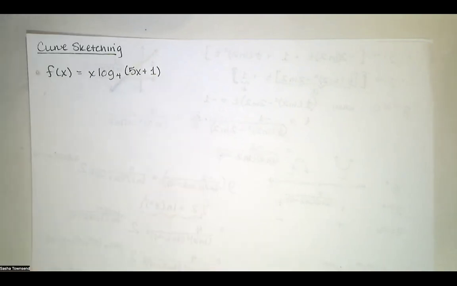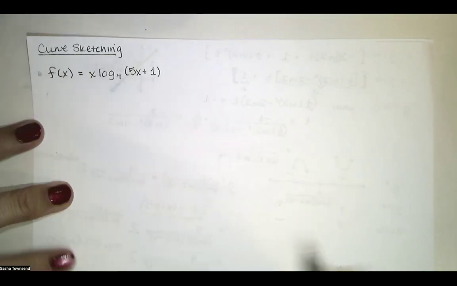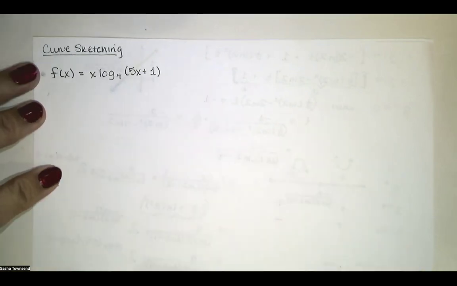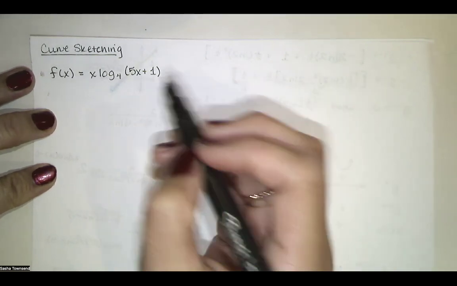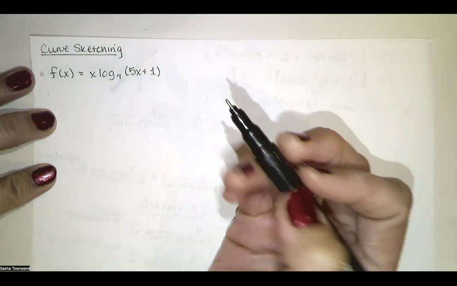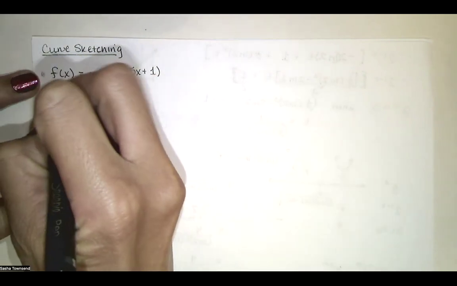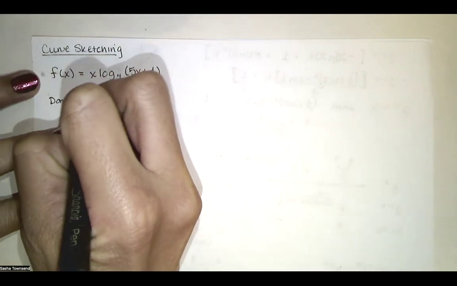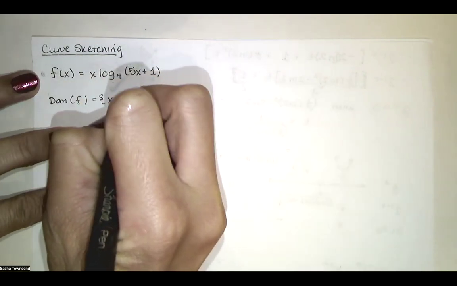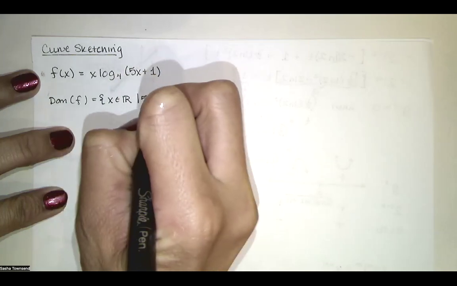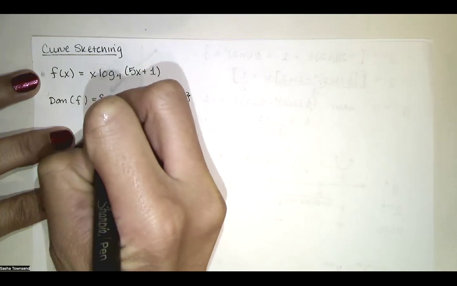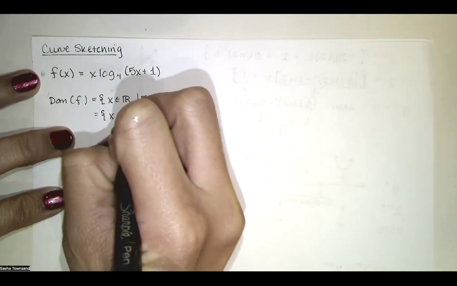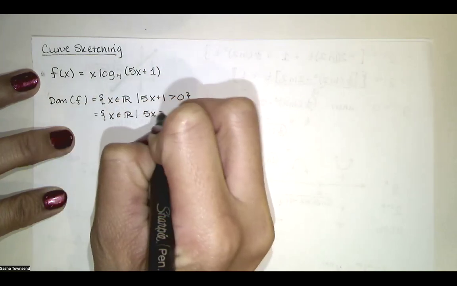If I want to sketch the graph, the first thing I need to do is find the domain of the function. Now remember, whenever you're finding the domain of a logarithmic function, whatever's inside that logarithm has to be positive. So the domain of f is the set of all real x values such that 5x plus 1 is positive. And if 5x plus 1 is positive, that means 5x is greater than -1.